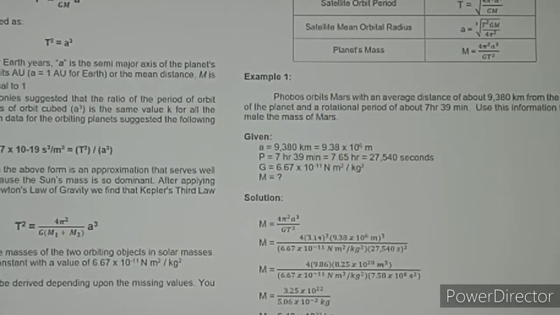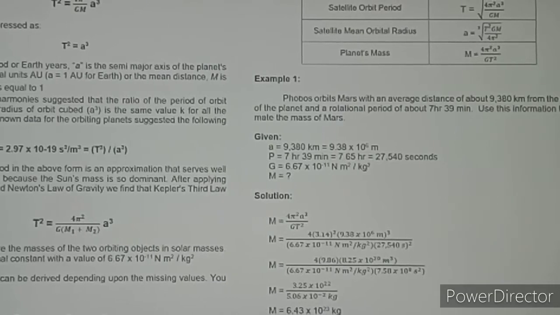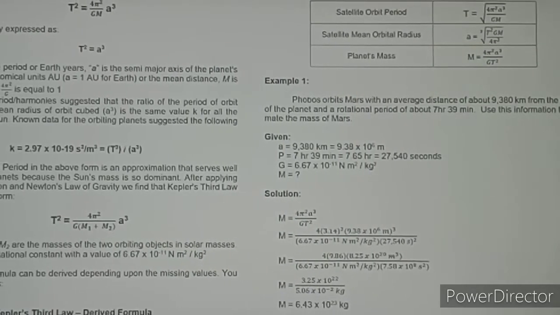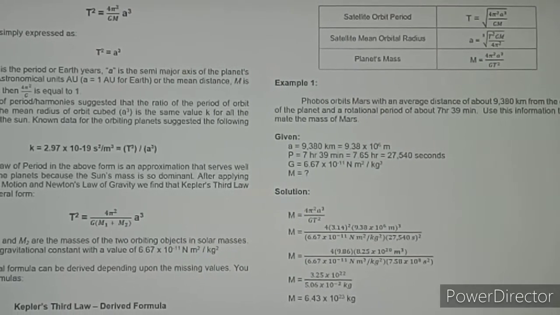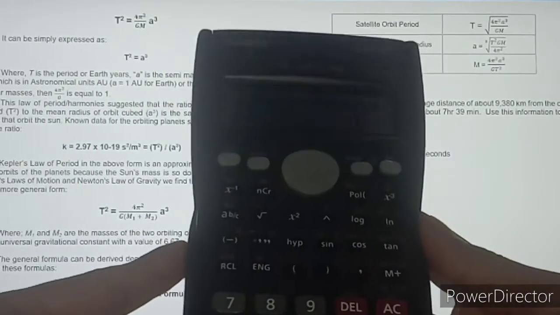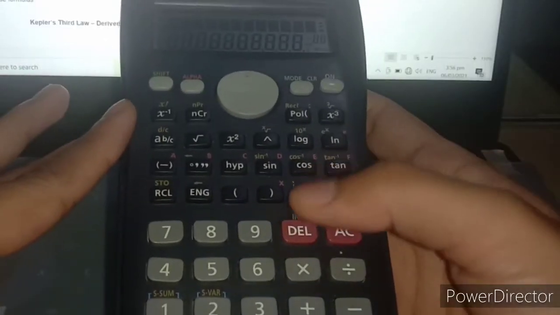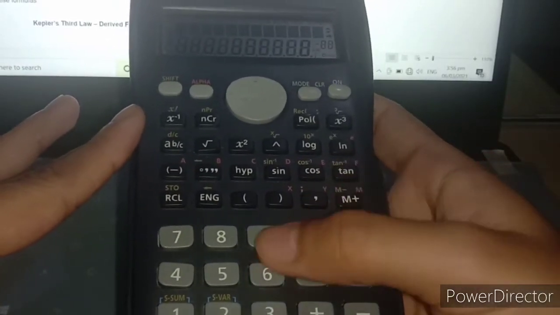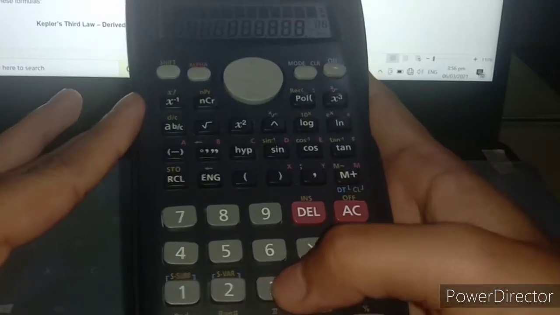So, maybe you are confused on how are we going to get that. By using your calculator, okay, I'm going to teach you how to compute it if it has an exponent. 'Di ba, we have here the given average distance, which is 9.38.